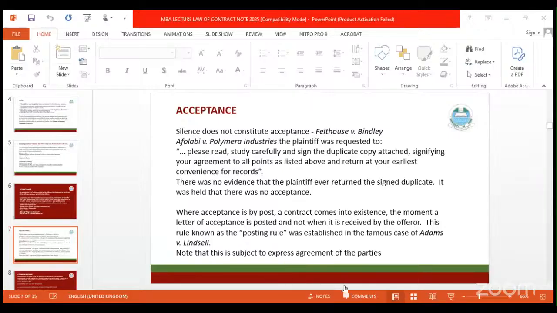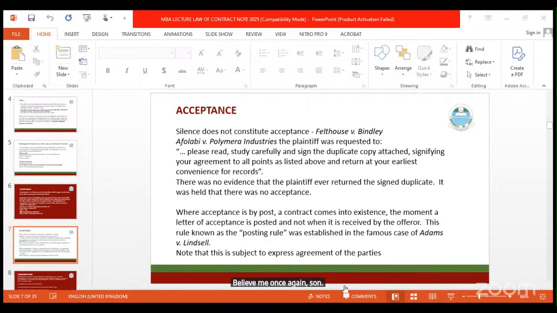No hand is up. Adams versus Lindsay. Has someone Googled it? Barrister Lua John Ige, you want to say something? Okay, Abolaji Abiodun, Senior Advocate of Nigeria. Let's hear you. Good evening once again, sir.